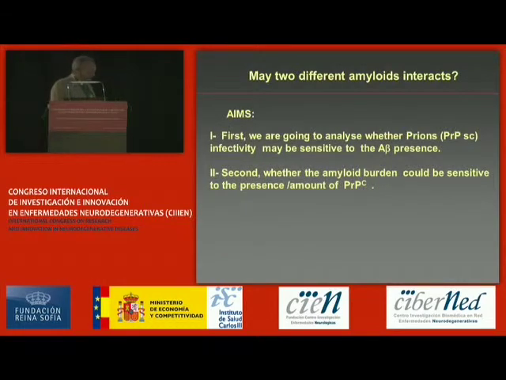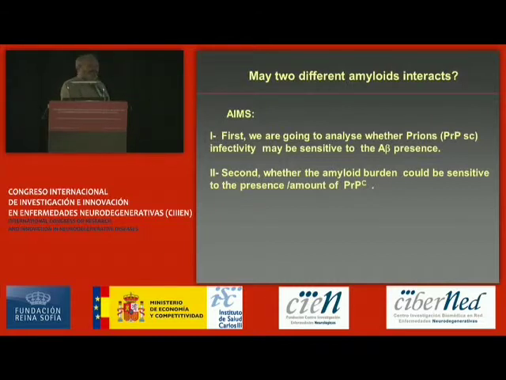At that point, we were trying to analyze two different things, in an initial collaboration with a group of CIBERNED, Tony Del Rio's group, and another group outside of CIBERNED. The question we were trying to answer was whether there is a possible interaction between two different amyloids.